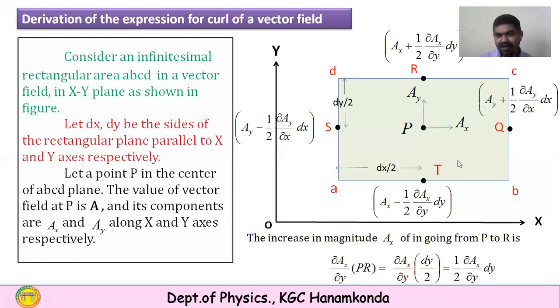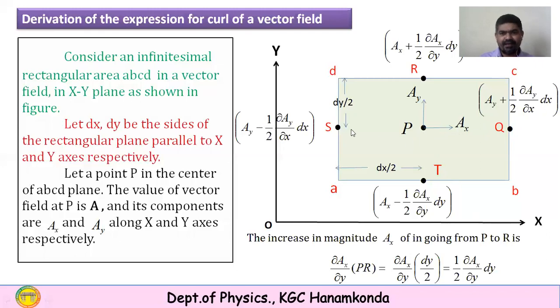This length is half of this side. This side is dx, half of the side is dx by 2. Therefore, the increment of the field along the x-axis from P to Q is 1 by 2 into ∂Ay/∂x into dx. The value at P is already Ay. Therefore, the net value at Q is Ay plus 1 by 2 into ∂Ay/∂x into dx.